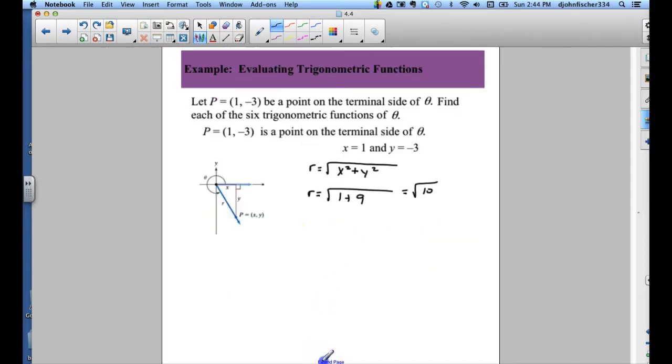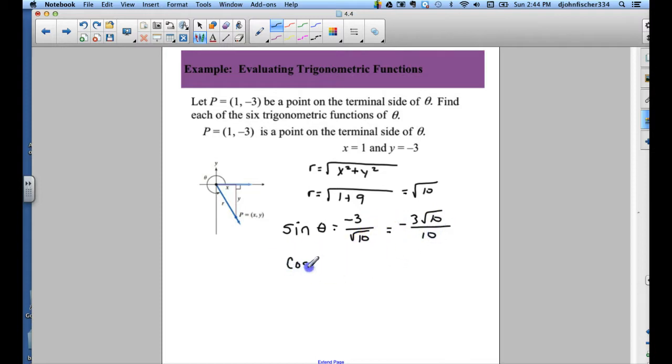Now, if we do our six trigonometric functions, sine of theta, notice theta is all the way around here, and we draw it back to the x-axis. Sine of theta is y over r, so it'll be -3 over the square root of 10, which is -3 square root of 10 over 10, rationalizing it.